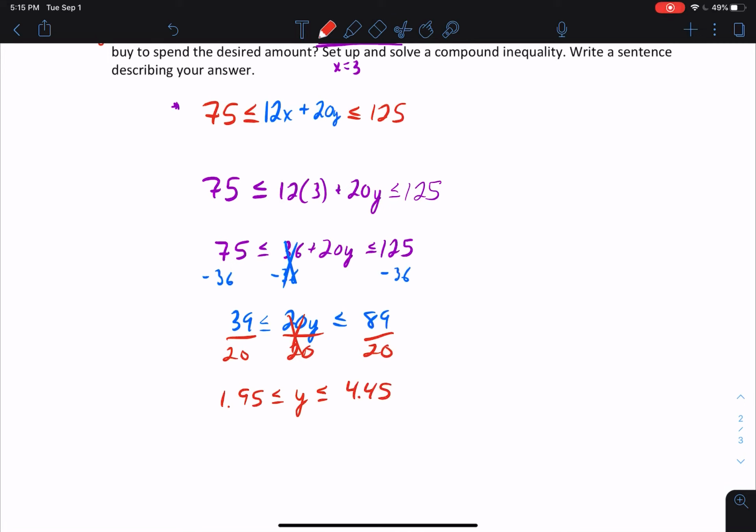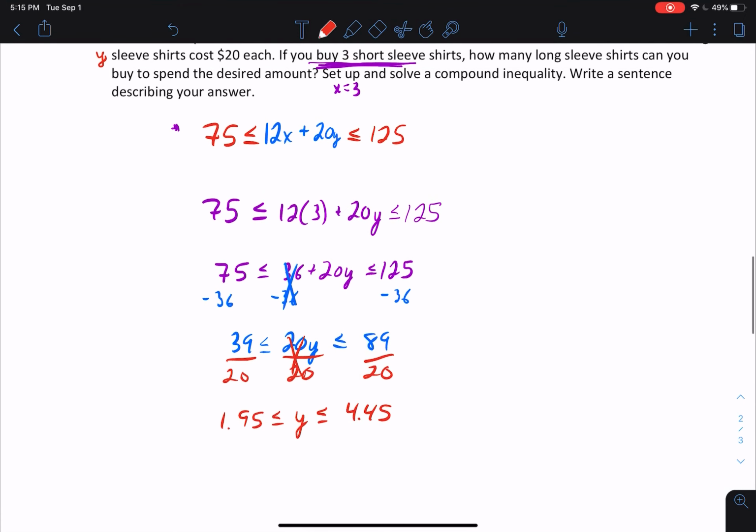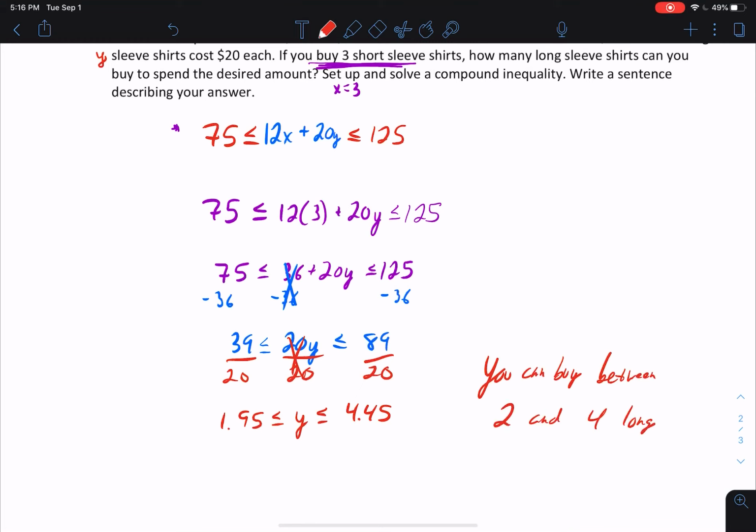So we solved this now, but remember what we're trying to find. We're trying to find how many long sleeve shirts you can purchase. I can't buy 1.95 of a long sleeve shirt. All right, so you can buy between 2 and 4 long sleeve shirts.